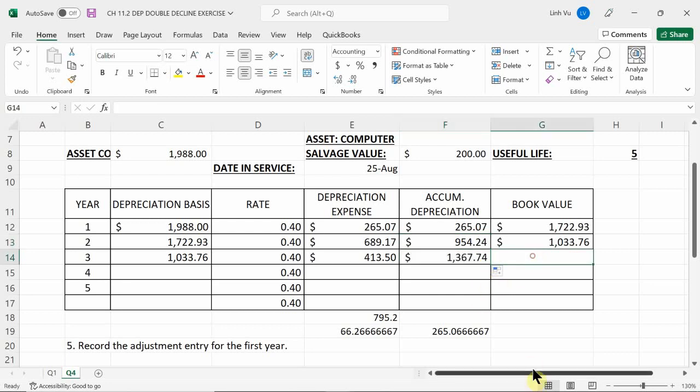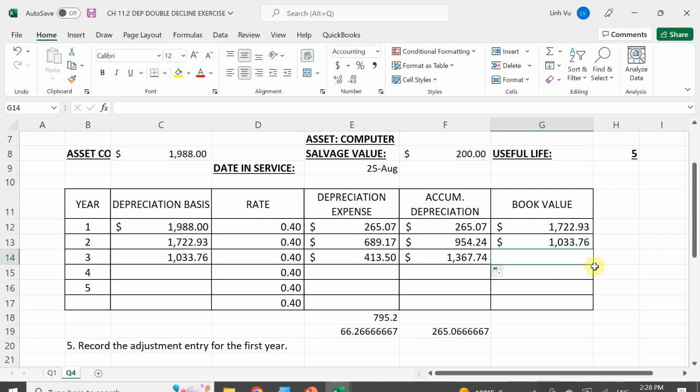Okay, good. All right. So what's your book value here? 620.26.